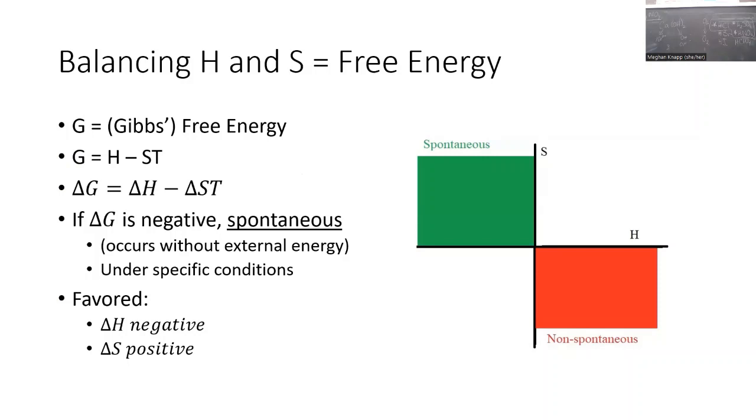That's going to be negative delta H. We also said the universe likes to have things be more disordered or more random. Okay? And so we want that to be positive. That's our S. S stands for entropy. So I know that that's kind of a different letter there. You might want to make a special note of remembering that S is entropy.